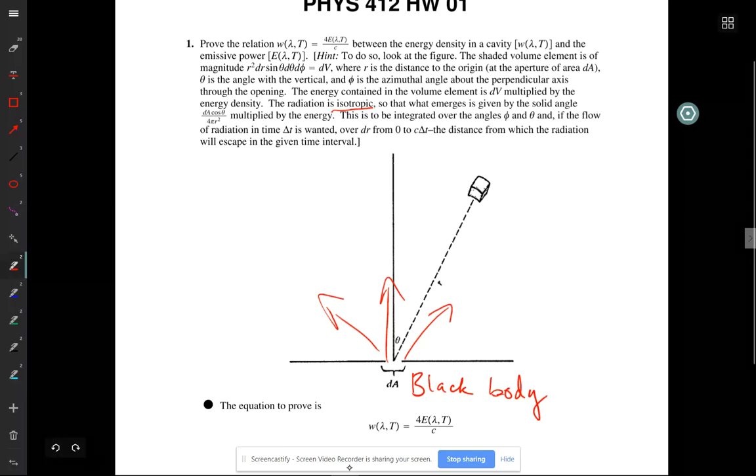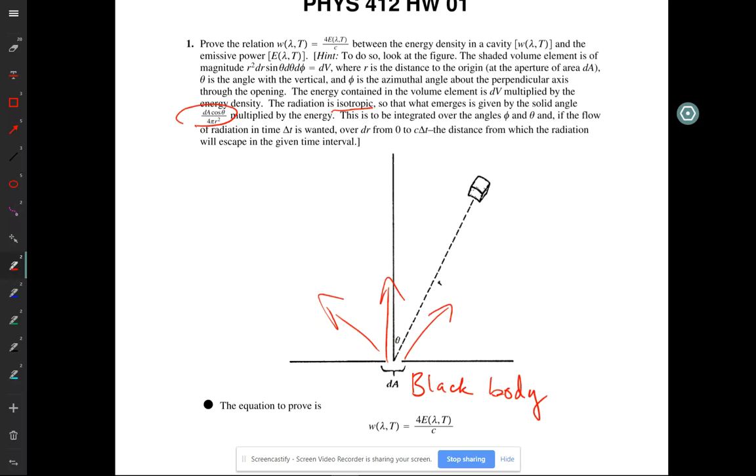If you look from a different angle, it looks like a smaller hole, right? If I look at it from this angle, it looks like a small hole. If I tip it like that, it looks like a bigger hole. And so that's why we have this term that I circled there. That's the effective size of the hole seen from a different location.